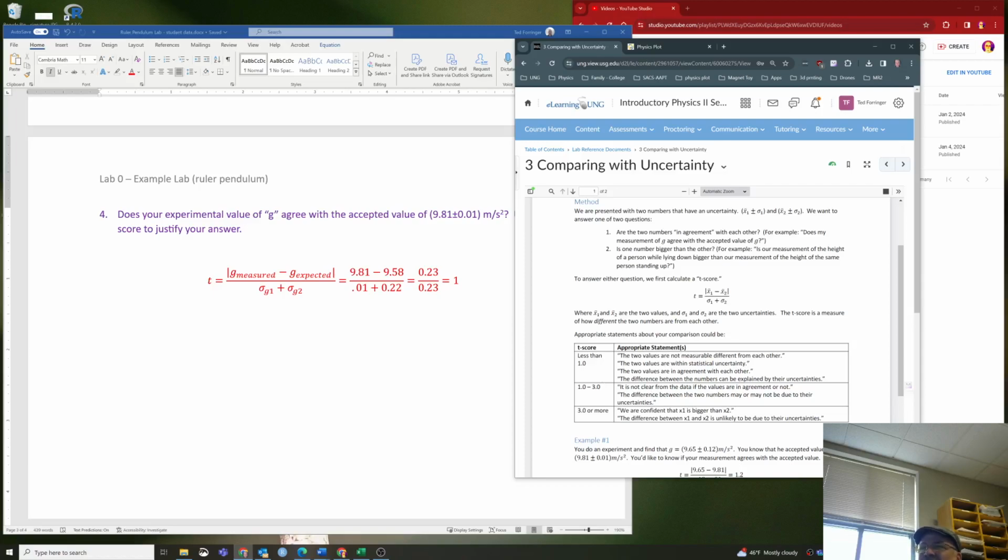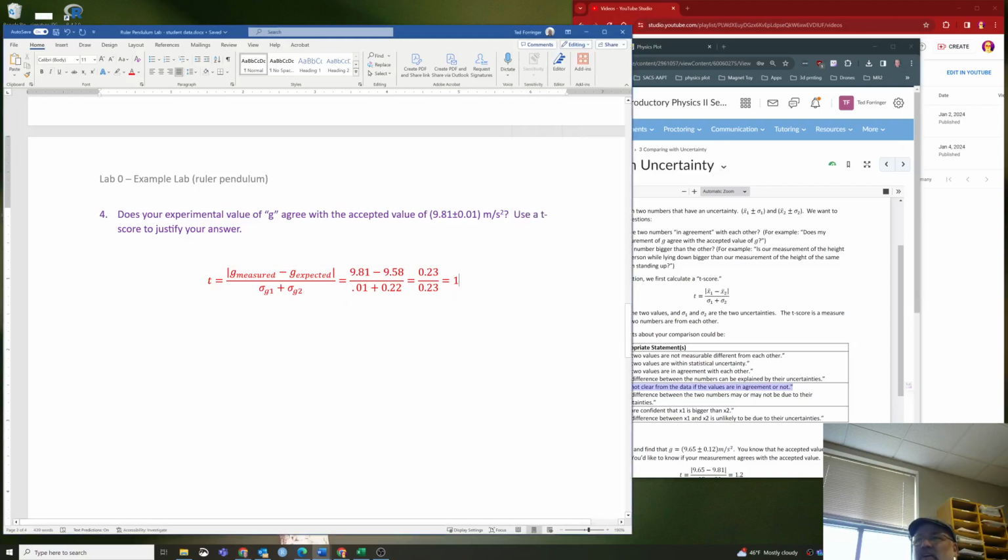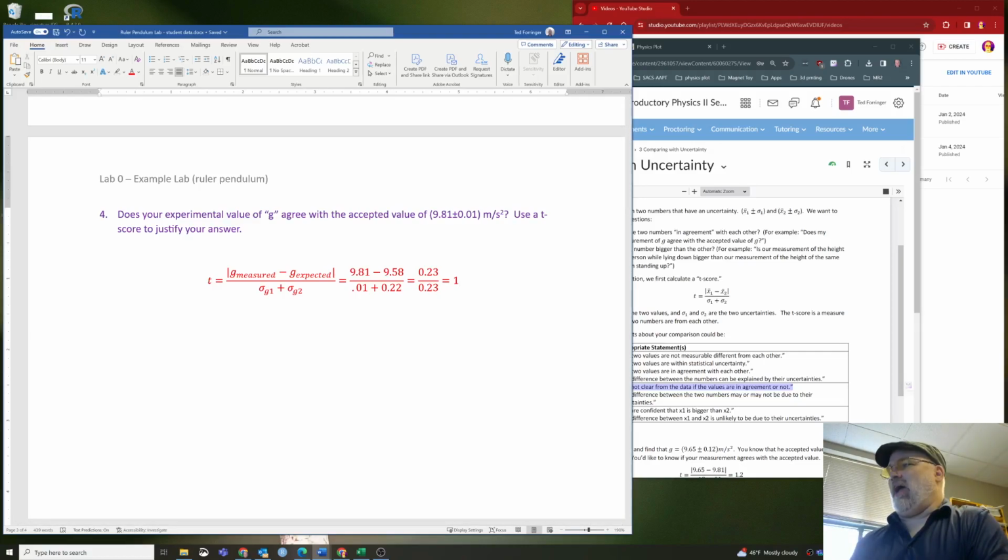I guess if it's exactly 1, that's between 1 and 3, that's not less than 1, so it's not clear from the data if the values are in agreement or not. It might agree, it might disagree, which is okay. That's a result that we can live with.